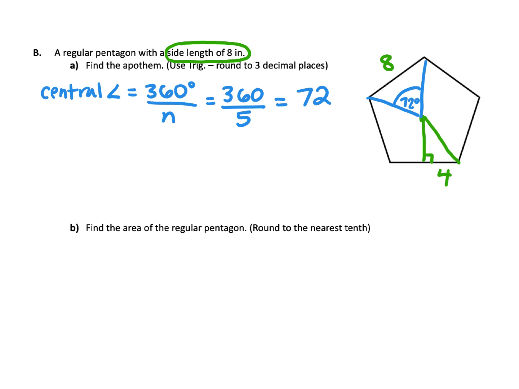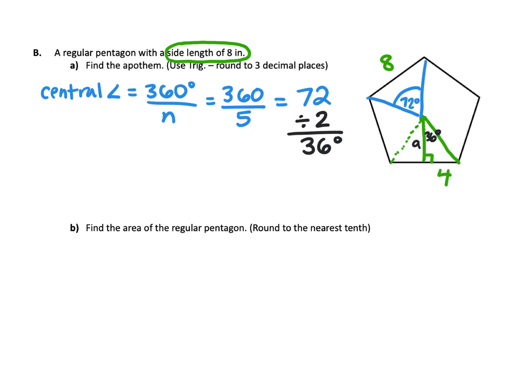But for the one that's in the apothem triangle, the central angle is cut in half. So remember that we need to divide the central angle by 2 for the actual triangle that we're using here. So this is 36 degrees. And then the apothem I want to find is right there.